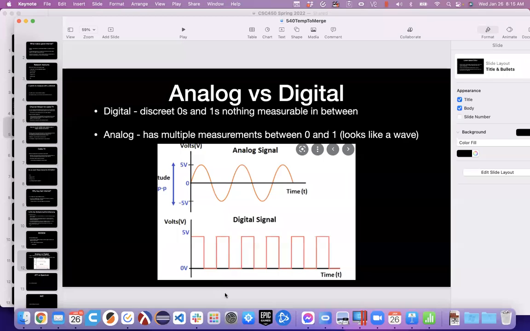If it's moving along this wire as zeros and ones, then the computer on either side can already understand it. But if it's moving along that wire as values that are all over the place, where anything above this line might be a 1, anything below this line might be a 0, there are ranges that need to be interpreted into the actual zeros and ones. All right, that makes some sense.